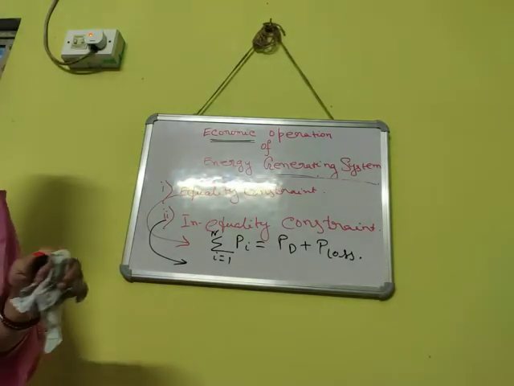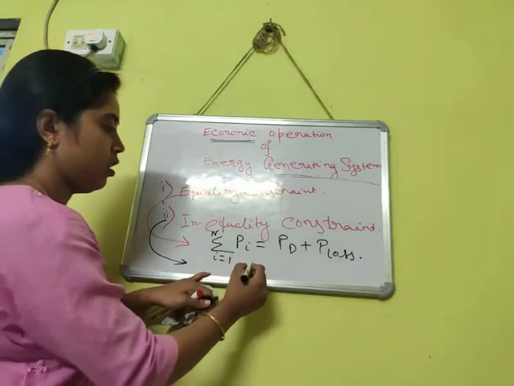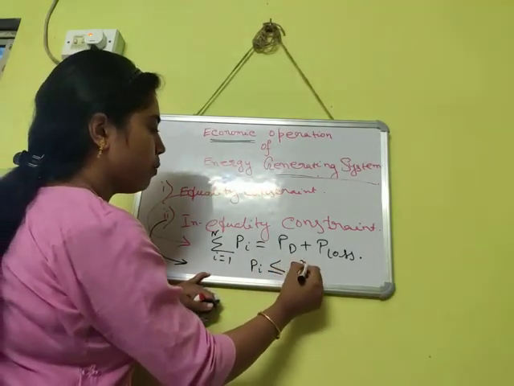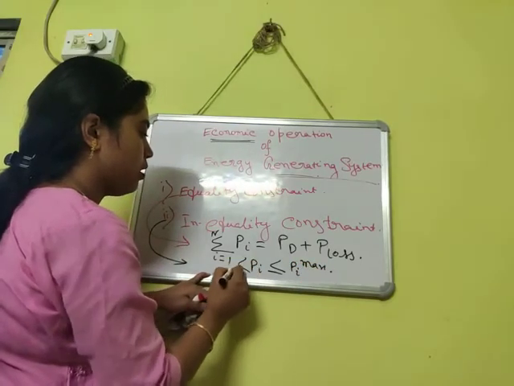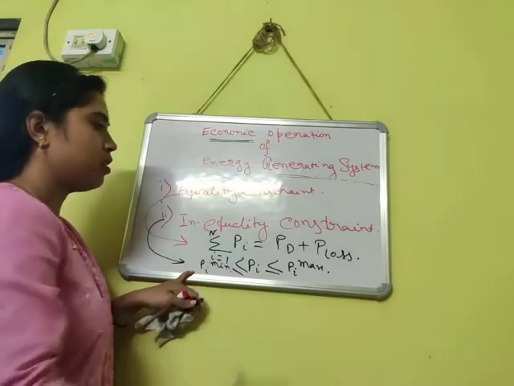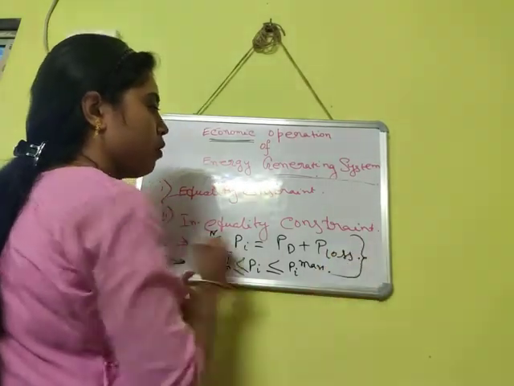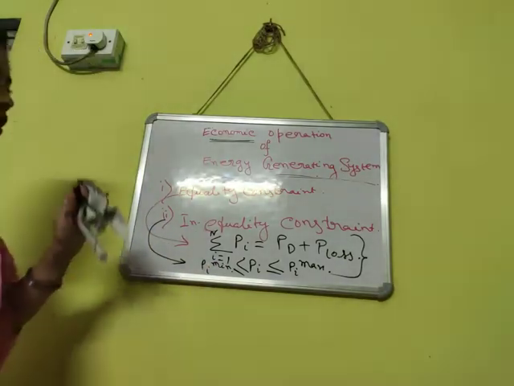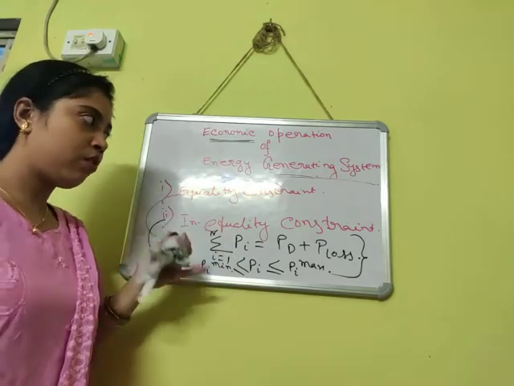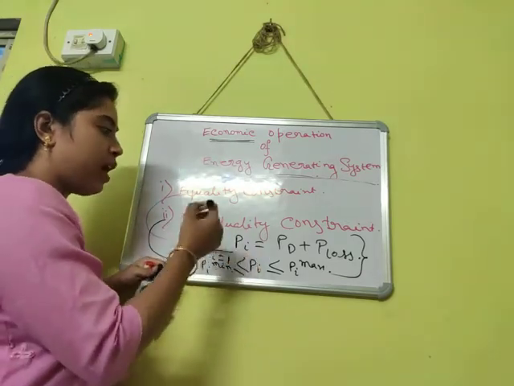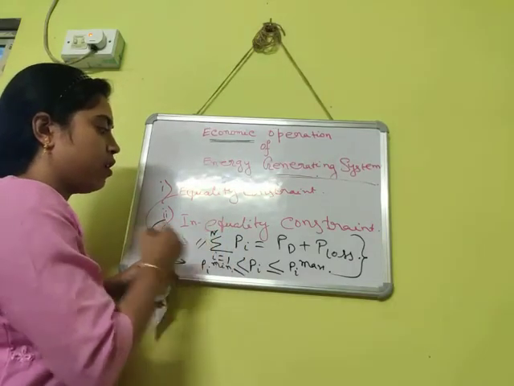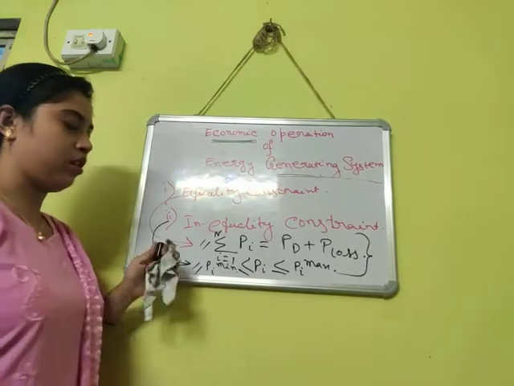That is called the inequality constraint. Like the Pi value is always less than or equal to Pi max and greater than or equal to Pi min. That is the inequality constraint. We have to minimize the objective function which I have written before, under two constraints: number one equality and number two inequality.